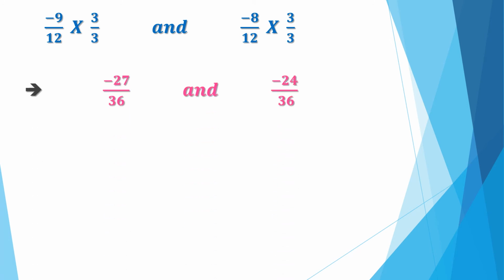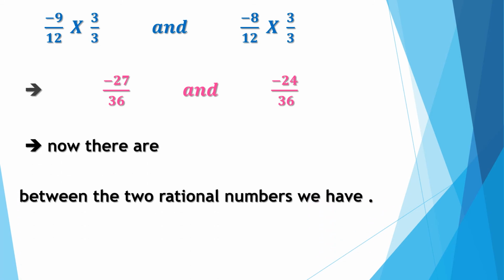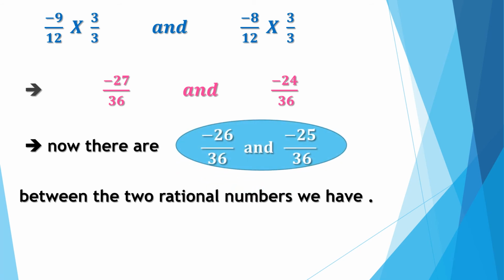It will be negative 27 over 36, and the other number will be negative 24 over 36. So we can find the numbers between those numbers. We want only two numbers. The two numbers between them are negative 26 over 36 and negative 25 over 36.